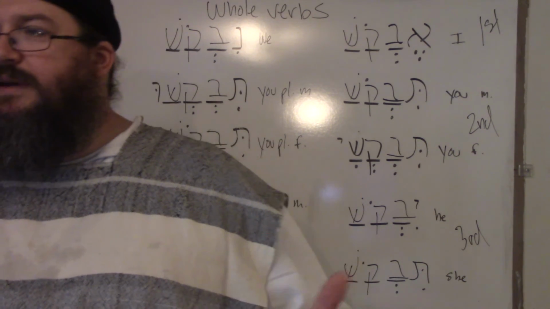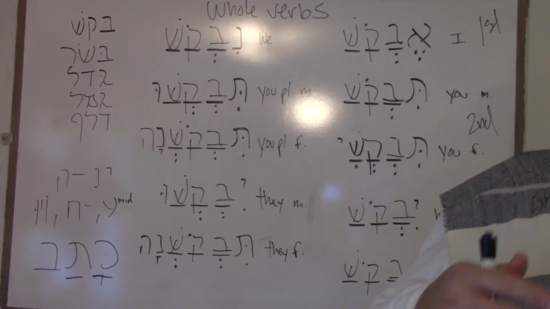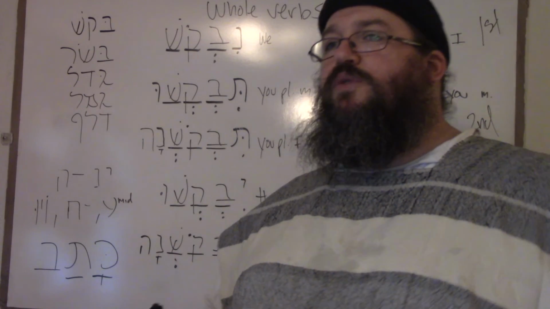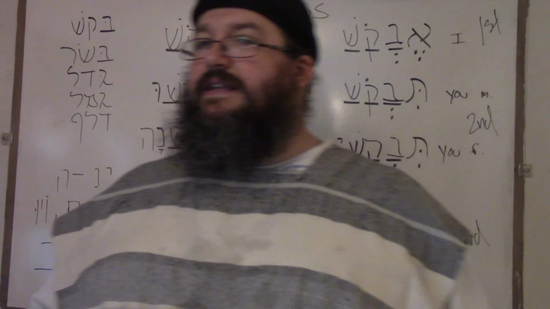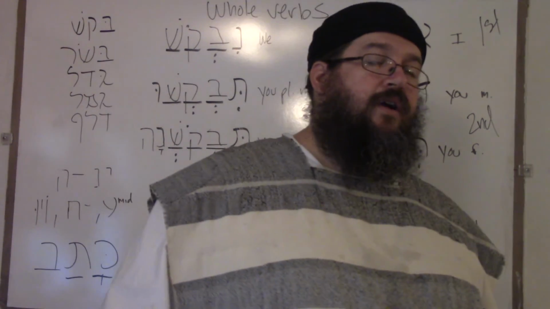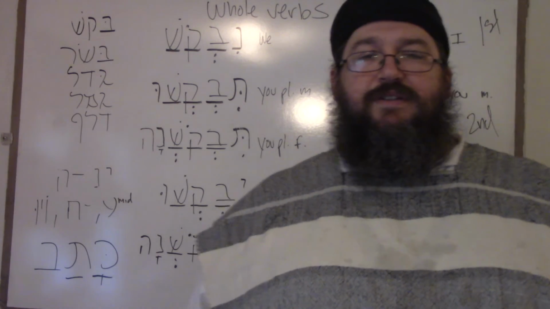Okay? What does that mean? It means it's the form by which we use in order to narrate information. It's like when you read a book, and she said this, and he said that, and they did this, and they did that, and they went where, and I said this, and I said that. That's the narrative form that we see. Okay?